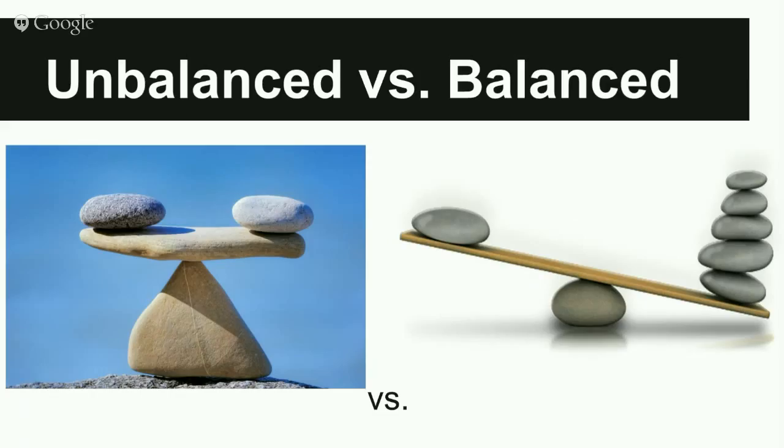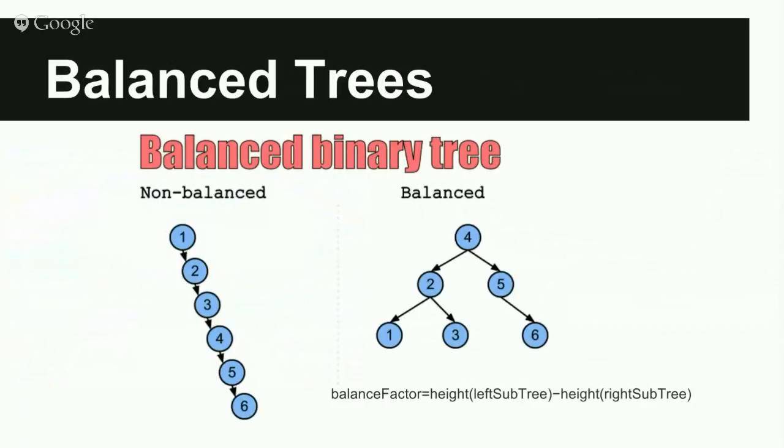So what can happen is you can keep inserting things into a binary tree, and you could keep adding to one side just because values happen to be greater. So a tree can become unbalanced, and that affects how efficient it is to search through that tree, and the purpose of the tree.